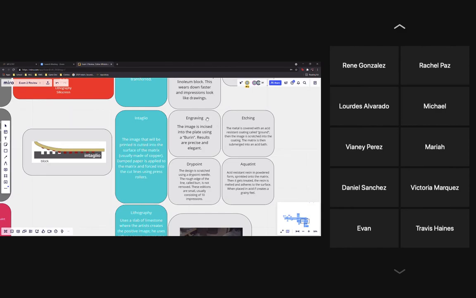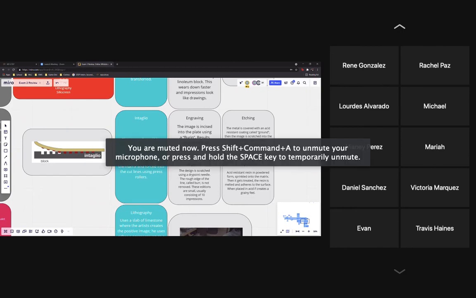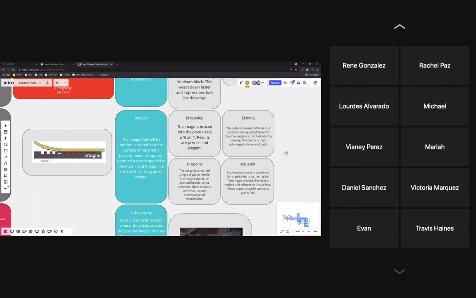Now there are 4 types. Just like I was saying, the first 2 are engraving and drypoint. Basically, artists scratch the design onto the metal plate, but there are some tiny differences between them. For engraving, they use a burin. That's what the tool is called, and the results are really precise, right?